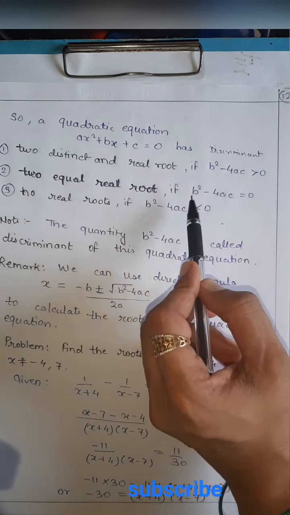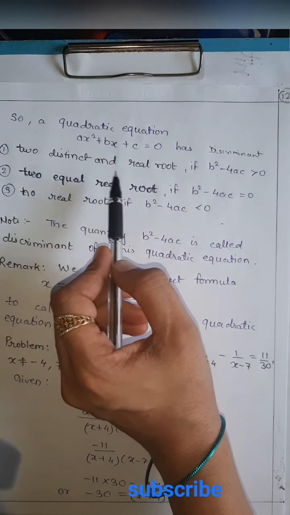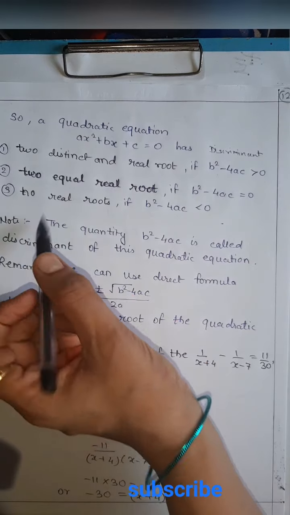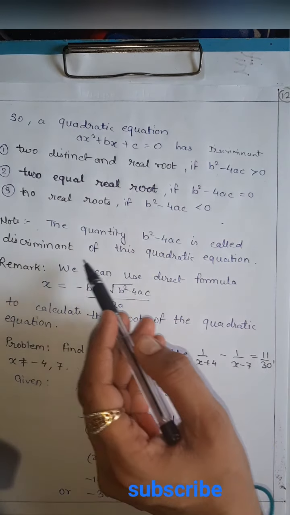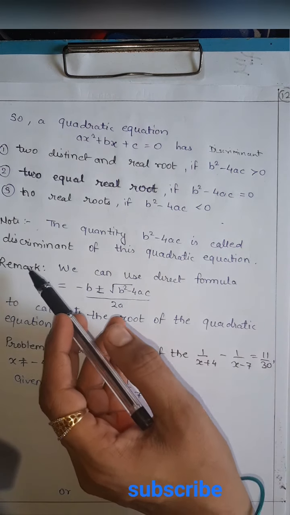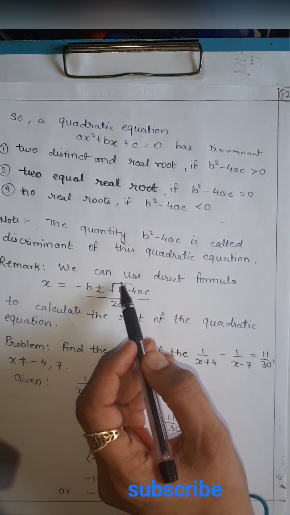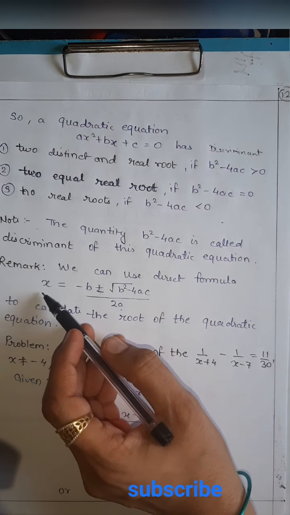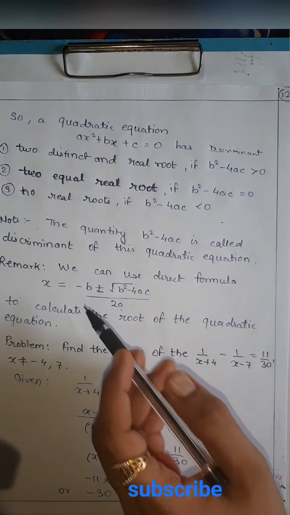If b square minus 4ac is equal to 0, you get two equal and real roots, and if it is negative, then we get no real roots, we get imaginary roots. The quantity b square minus 4ac is called the discriminant of this quadratic equation. Also note that this formula, x is equal to minus b plus minus under root of b square minus 4ac by 2a, can be used to calculate the roots or zeros of the given quadratic equation directly.